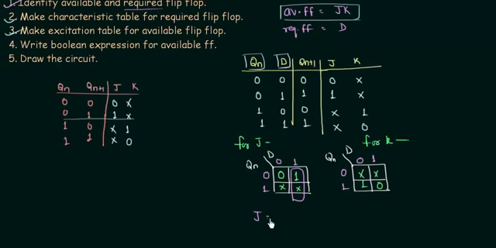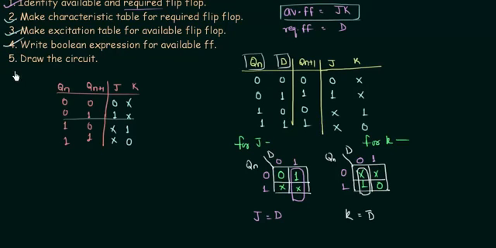So J is equal to what? Qn is changing from 0 to 1, so J is equal to D. Now let's write down the value for K, and this is my group, and in this you can see Qn is changing from 0 to 1, but D is 0, so K is equal to D complement. Very simple. So we are done with our fourth step, in which we found out the values of J and K, the Boolean expression for the available flip-flop.